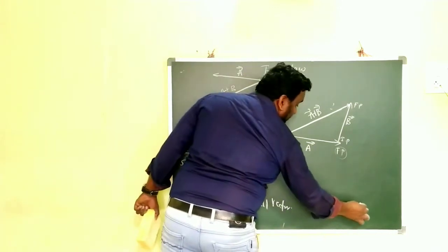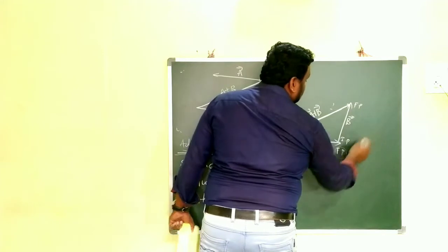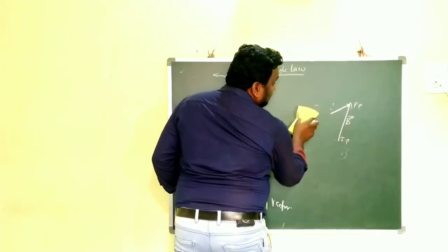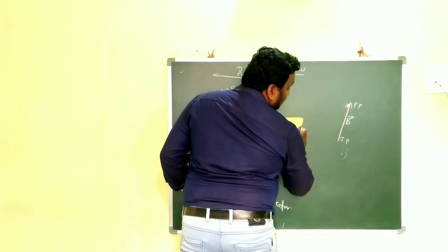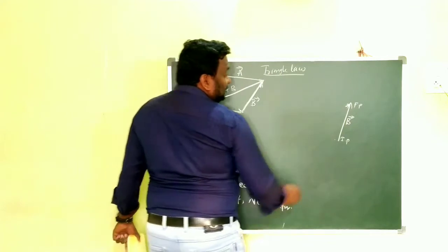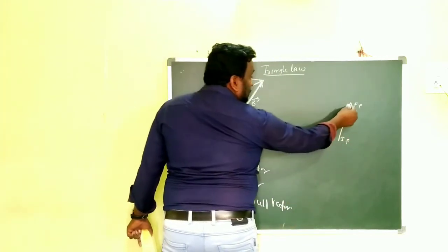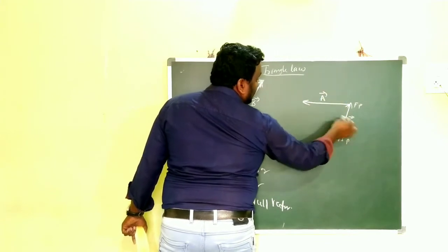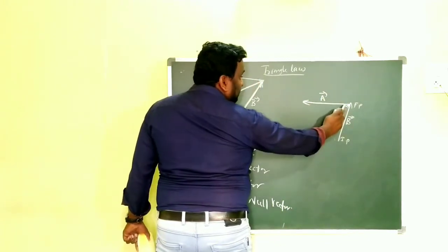I am drawing it separately here. I will show that A plus B and B plus A are both in the same direction. So now this is B, and for that what do I join? Vector A, the initial point of the second one.